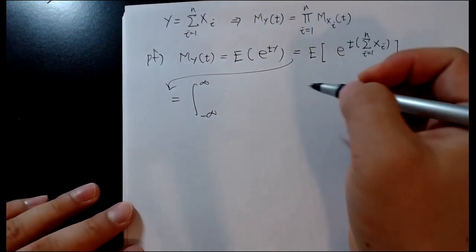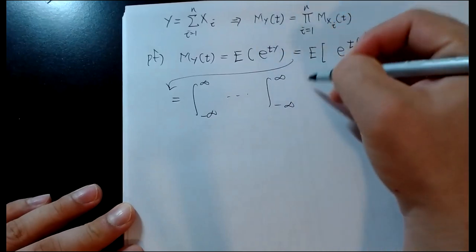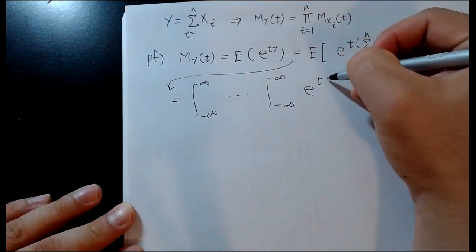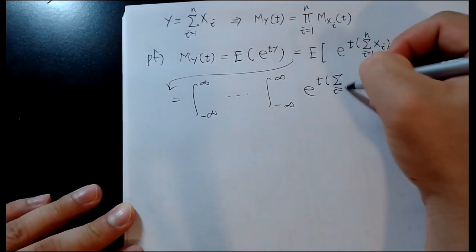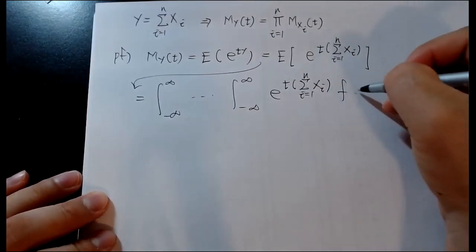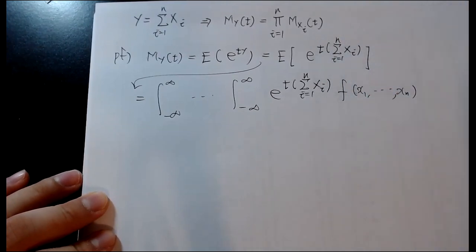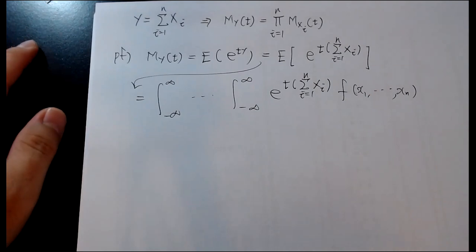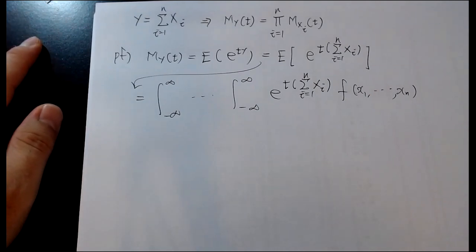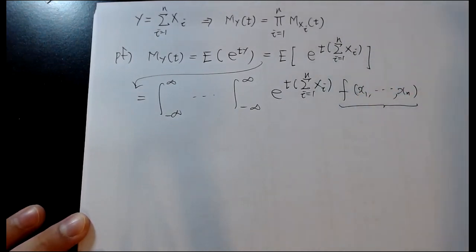So that is equal to the multiple integrals of e to the t times the sigma, i goes 1 through n, of xi, and then f of x1 through xn. This is the PDF of X1 through Xn. Remember, dx1 through dxn.